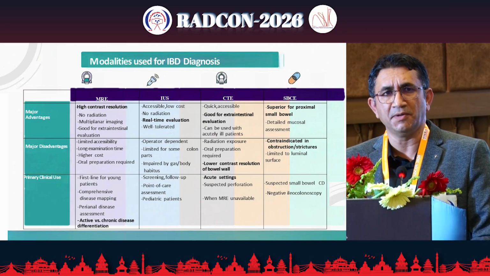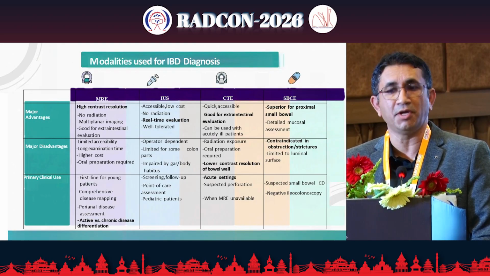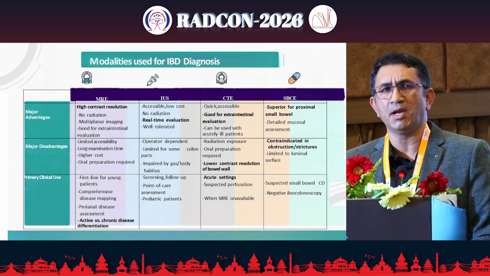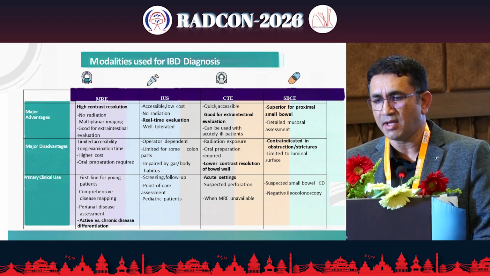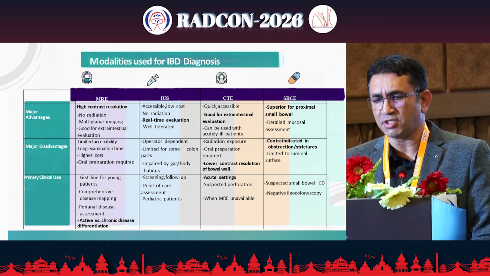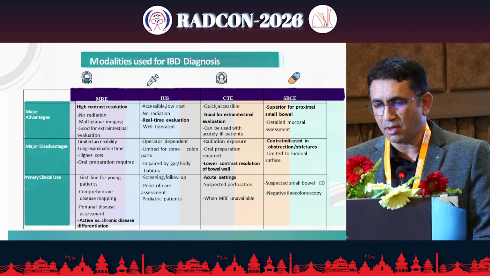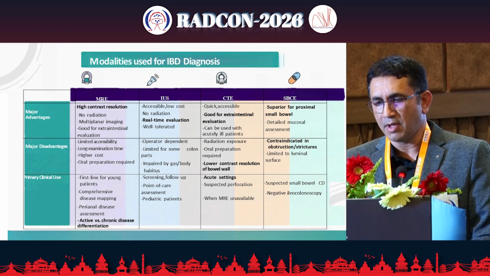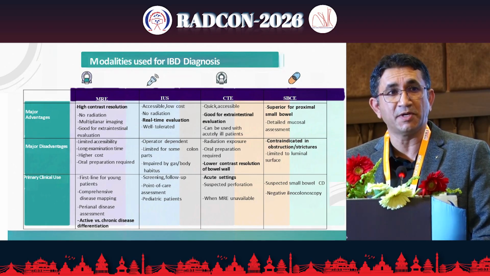It can help in differentiation between active and chronic disease. Whereas IUS, intestinal ultrasound, is low cost, easily available, can be done at the bedside, and allows real-time evaluation. Again, the disadvantage is that it is operator dependent and limited in some parts of the colon. It can be used for screening, follow-up, and point of care assessment, especially in the pediatric age group.